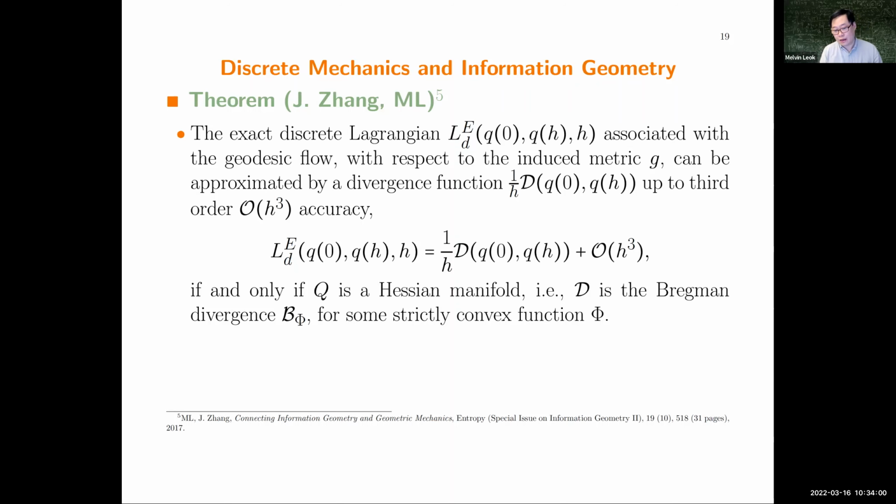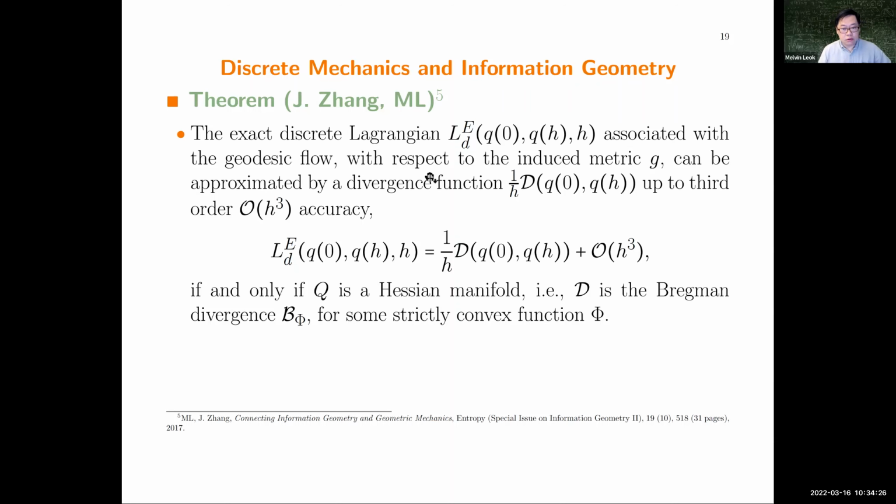So you can think of it as a generating function in the same way that the discrete Lagrangian is a generating function. So you can ask, if I view this divergence function as a generating function of a symplectic map, is that symplectic map a good approximation of the geodesic flow associated with the Riemannian metric, which is induced by the divergence function?